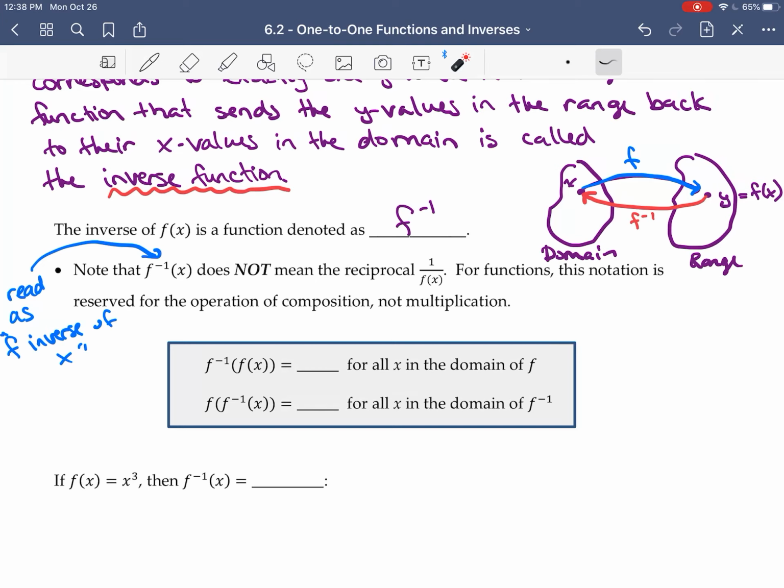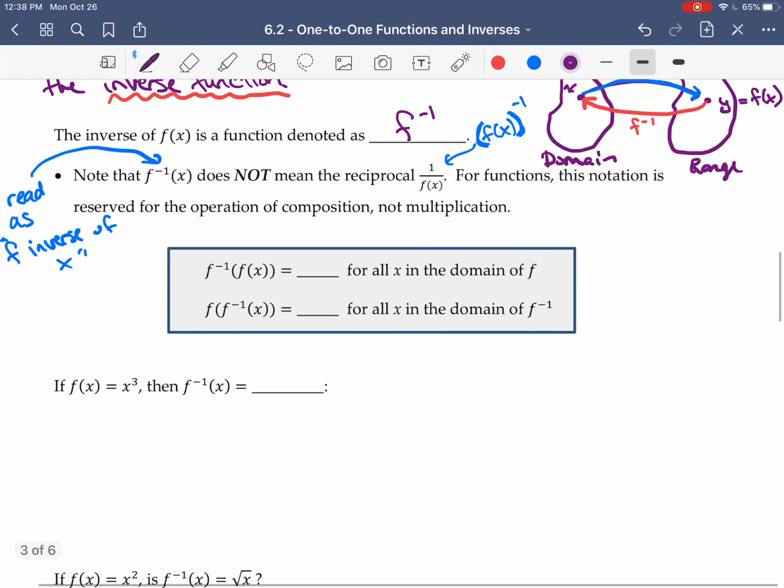For the reciprocal we would write f of x to the power minus 1. Notice the placement of the minus 1 is different, there are these brackets. So you want to be careful. It is very similar, but the inverse is not the reciprocal. This notation is reserved for the inverse, so we never use it when we're talking about the reciprocal.